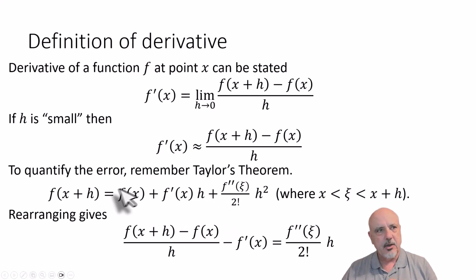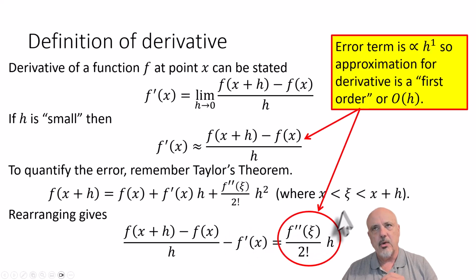So if I take this equation and rearrange it, which I do quite often, I rearrange it in this way so that I can show that remainder term. After I divide through by h, that remainder term is of order h to the first power. So that's a first order.